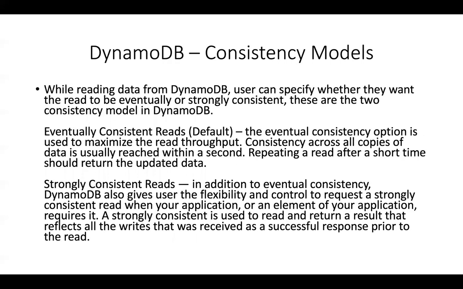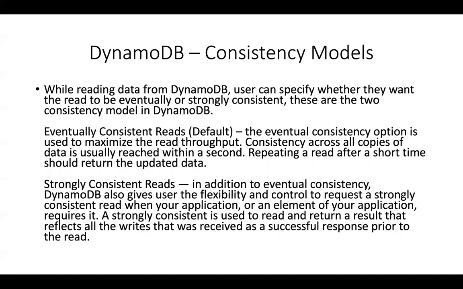So now you have consistency models for DynamoDB also, like how you had consistency models for S3, right? So in S3, you do have the read after write consistency, which is called immediate get after put. And then you have your eventual consistency, right? Wherein you have to wait for at least within a second for your data to be replicated across multiple availability zones, right?